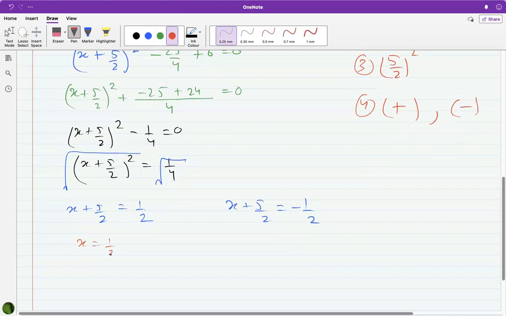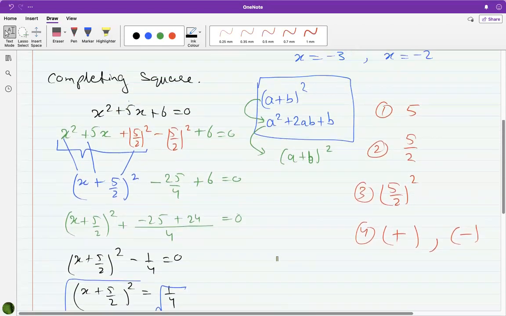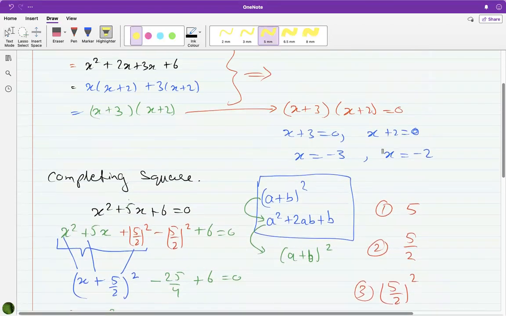So x is equals to 1 by 2 minus 5 by 2 is minus 2, and x is equals to negative 1 by 2 minus 5 by 2 is minus 3. If you can notice, x is negative 2, negative 3, and previously it was the same, negative 2, negative 3. Whatever method you use, you get the same answers.